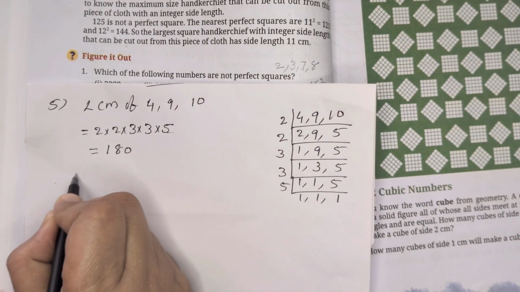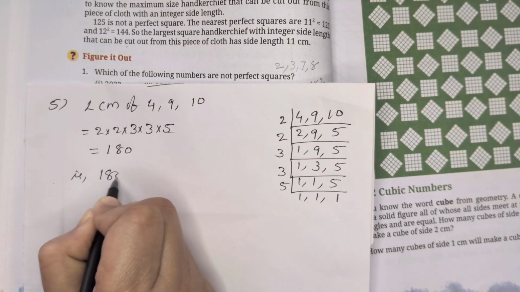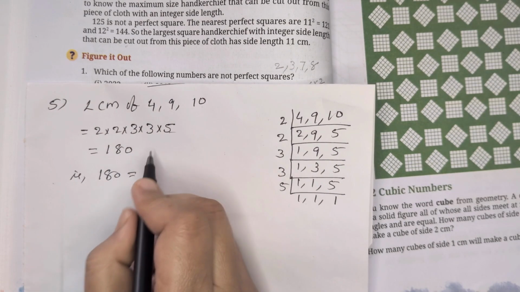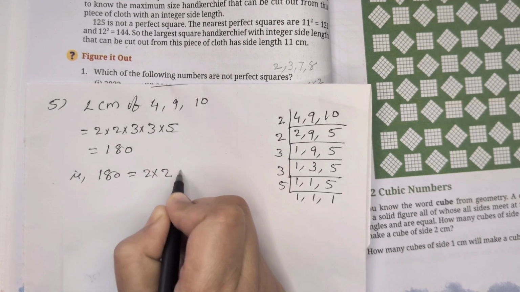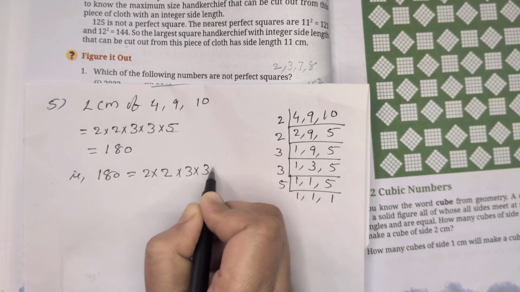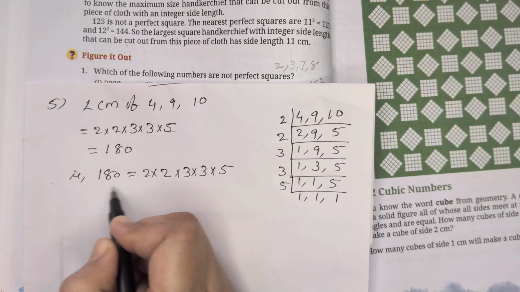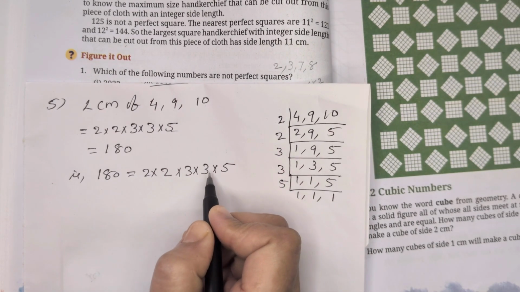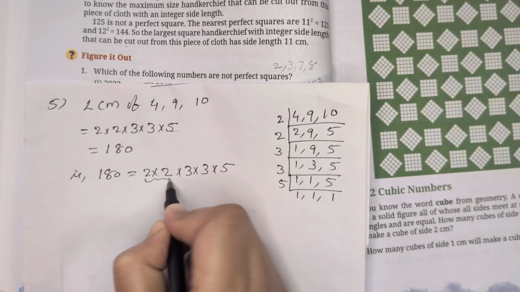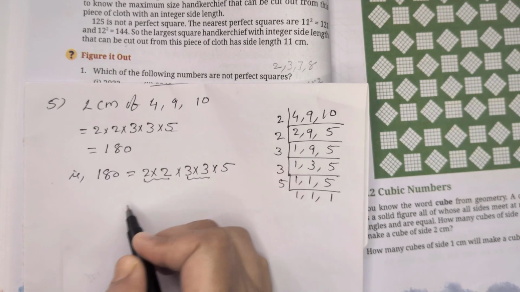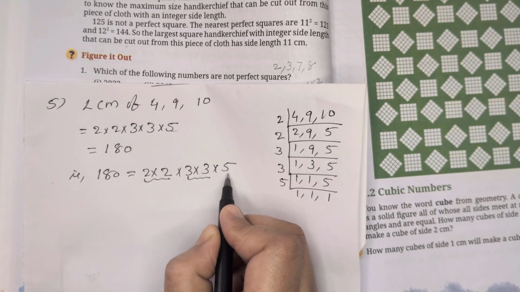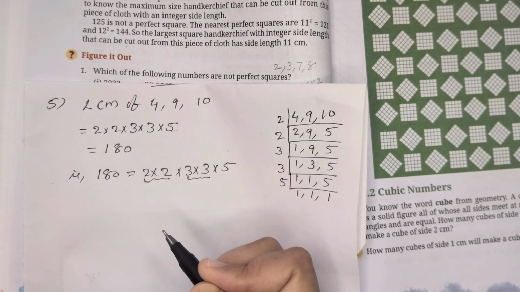So we can write 180 as the product 2 into 2 into 3 into 3 into 5. If 180 were a perfect square, we could group the factors into pairs. But here 2 and 3 form pairs, while 5 appears only one time. So 180 is not a perfect square.